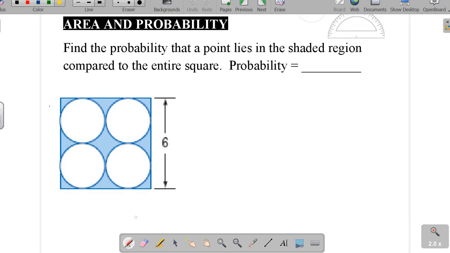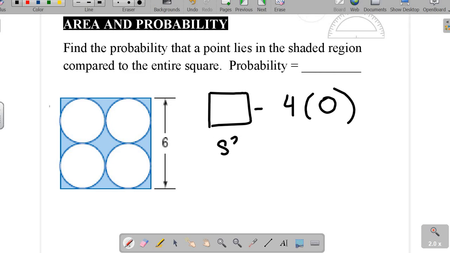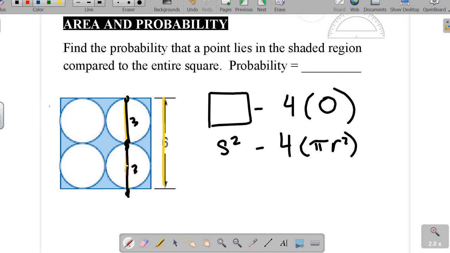Find the probability that we're in the shaded region compared to the entire square. To get the shaded region, we are doing square minus 4 circles. Square is side squared minus 4 times pi r squared. The trick to this is this 6 comes right down here, which means our diameters are going to be 3 and 3, which means my radius is 1.5.